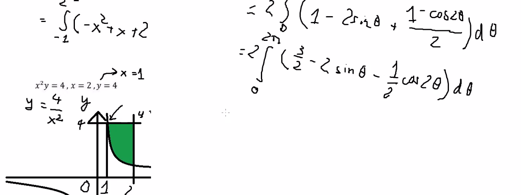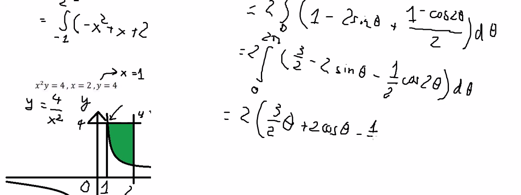And now we get the final answer. 3 over 2 theta plus 2 cosine theta, and negative 1 over 4 sine 2 theta, and we put the limits from 0 to 2π.